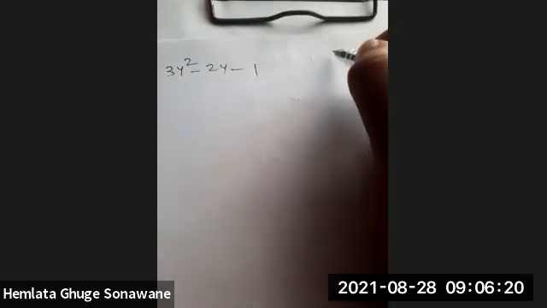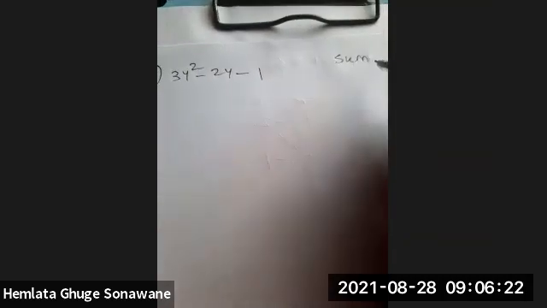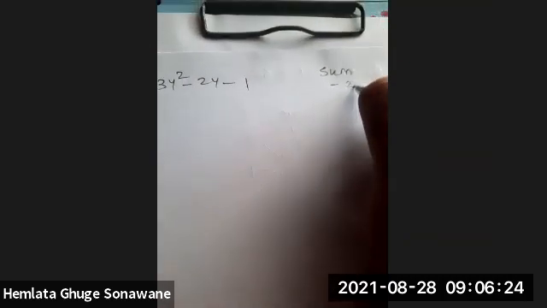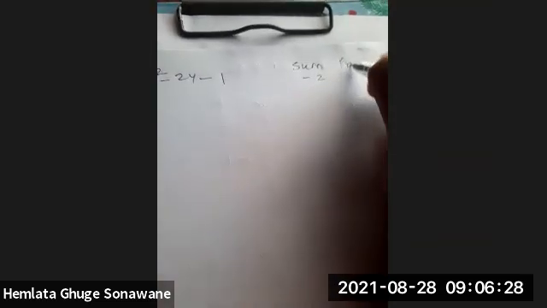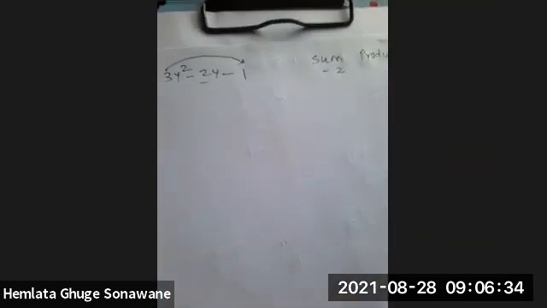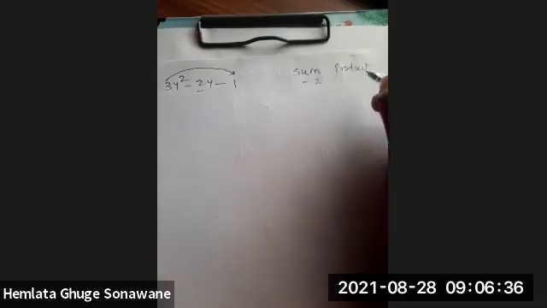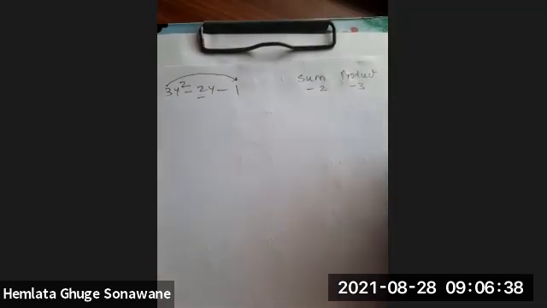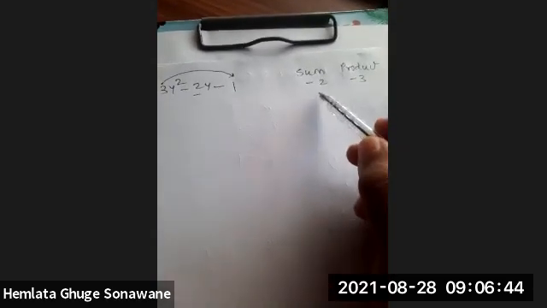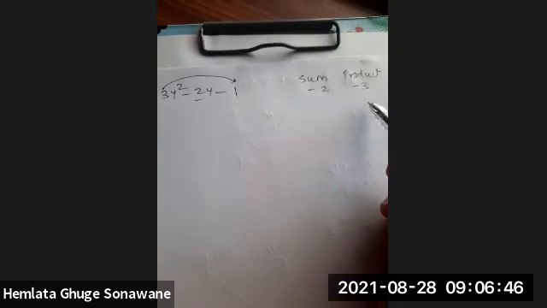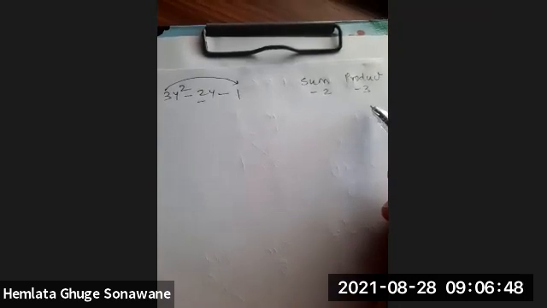Now here the sum is minus 2 and the product is 3 ones are 3, that is minus 3. So here we have to find factors whose sum is minus 2 and whose product is minus 3.